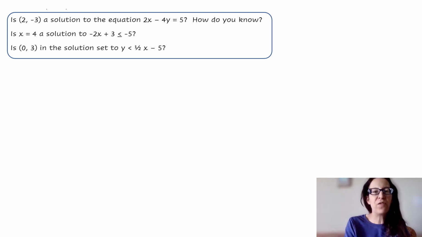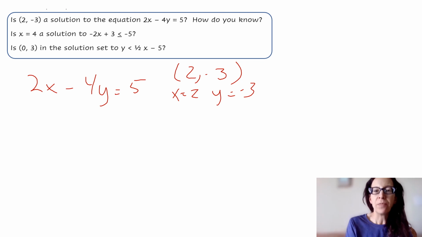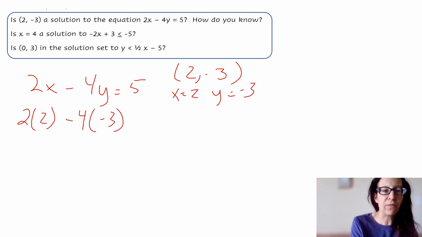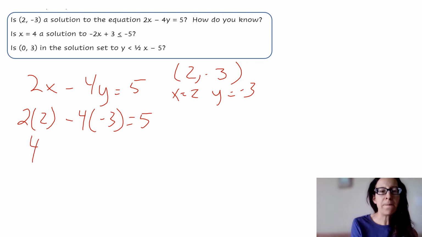Okay, so to figure this one out, we have 2x - 4y = 5, and then we have the point (2, -3). In that point, x is equal to 2 and y is equal to -3. So I'm going to plug in x = 2 and y = -3, and we're going to see if that results in a true statement. So 2 times 2 is 4. -4 times -3 is positive 12.